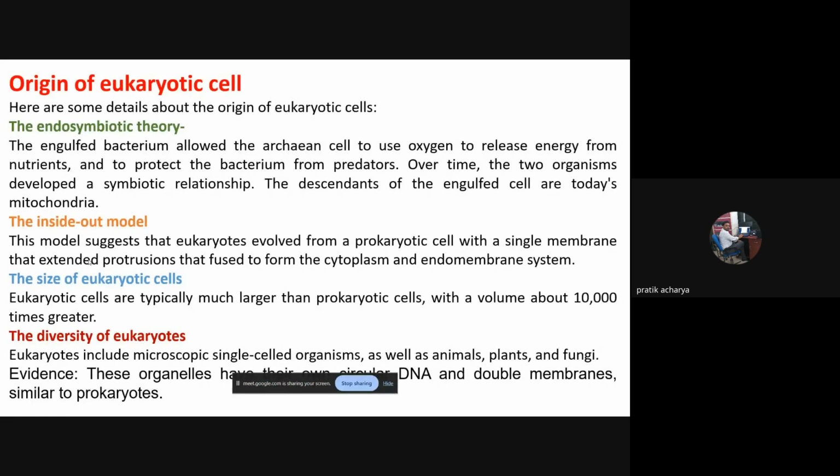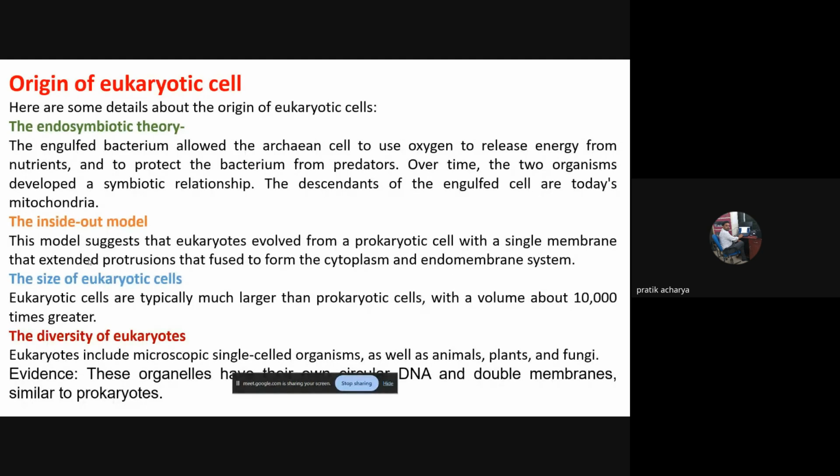Life actually began with prokaryotic cells, that is the bacterial cell and archaeal cell, about 3 to 4 billion years ago. Eukaryotic cells are estimated to have begun about 1.6 to 2 billion years ago.